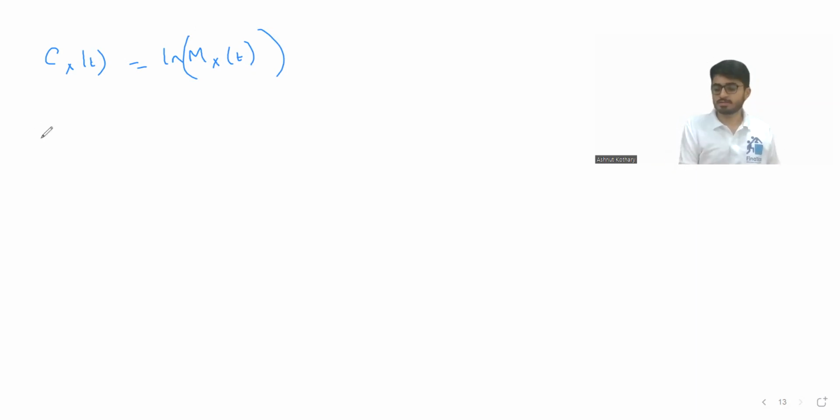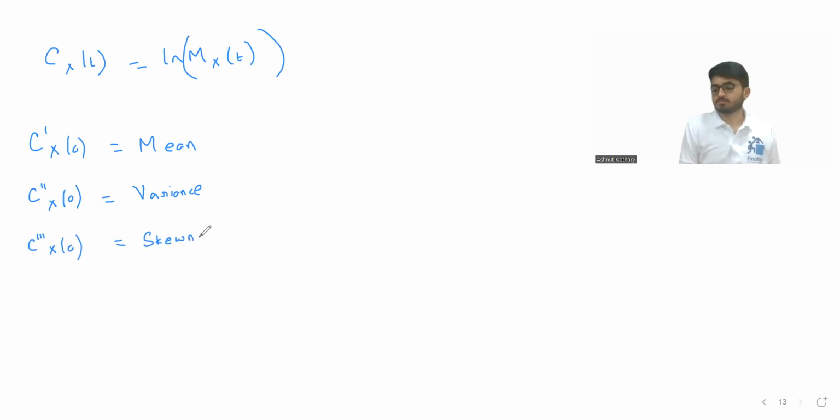Now what we are going to see is that C'_X(0) will give us the mean, C''_X(0) will give us the variance, and C'''_X(0) will give us the skewness. So the easiest way, most of the time, to find mean, variance and skewness is to find the CGF and differentiate three times: first time mean, second time variance, third time directly skewness.